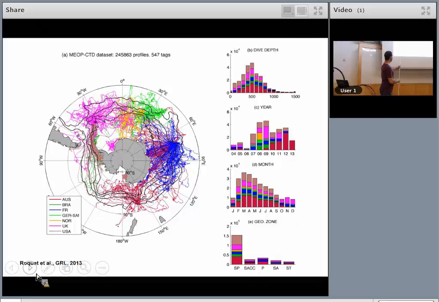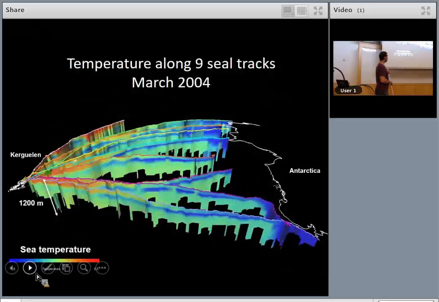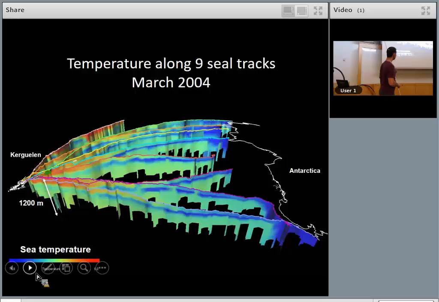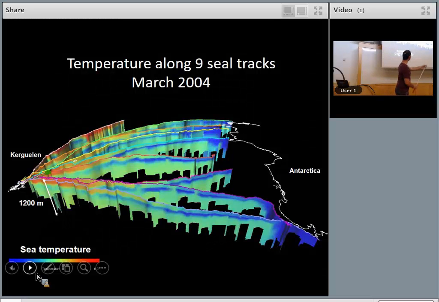And it's also an international project, so you have several nations doing it, and it's really by gathering all these efforts from different groups that we are able to produce such a large database. And so one example of such data, here you have the temperature profiles from Kerguelen to Antarctica.